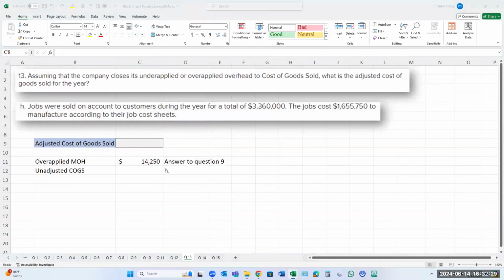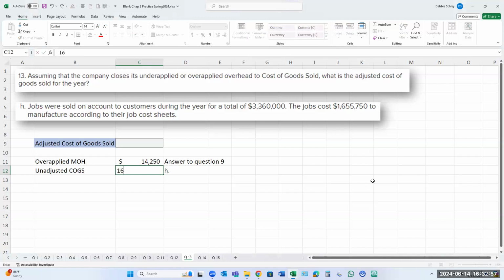Question 13. Assuming that the company closes its underapplied or overapplied overhead to cost of goods sold, what is the adjusted cost of goods sold for the year? If you'll recall, in question 9 I came up with 14,250 overapplied. And the unadjusted cost of goods sold was given to me in H. Remember, this was overapplied, so I put too much on the books.